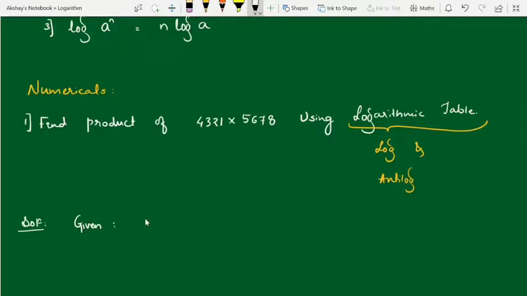Given that 4321 into 5678, I am going to apply log for this. So log of, I will choose common logarithm, so I will write 10 here, 4321 into 5678. Okay, next.